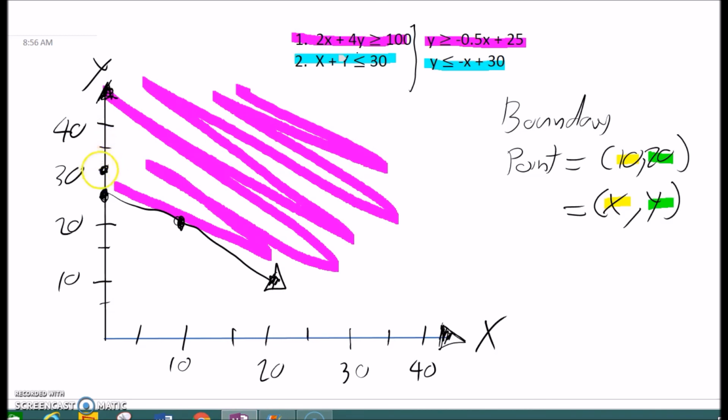And then that would be the graph for the second equation, and also you know that y is less than, so then the region will be shaded in blue. It's going to be around right here.